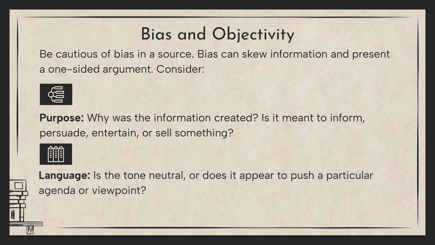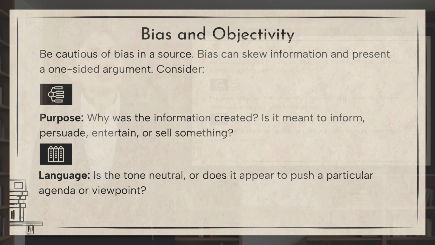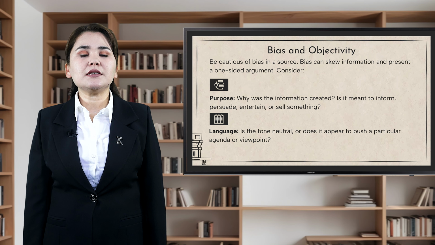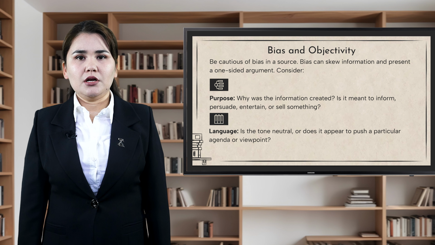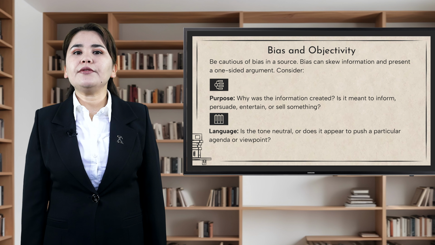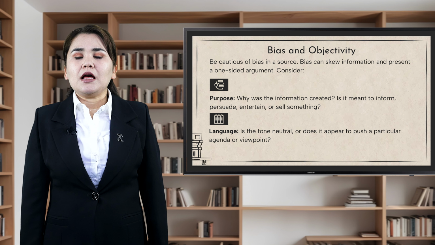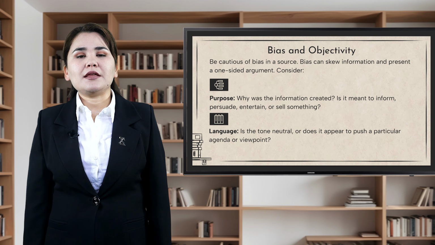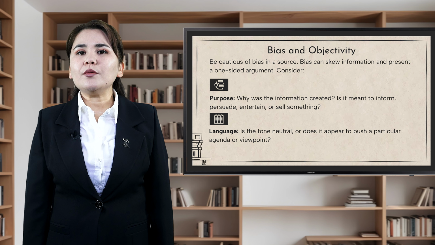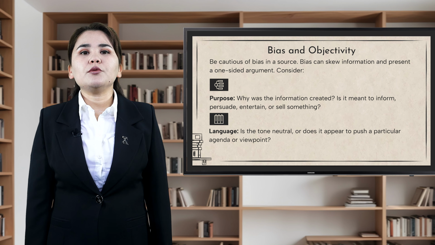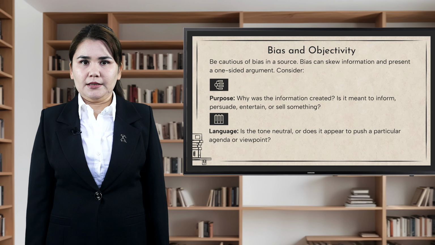bias and objectivity. Be cautious of bias in a source. Bias can skew information and present a one-sided argument. You should consider purpose, language, and source affiliations. When you are considering purpose, you should ask some questions like, why was the information created? Is it meant to inform, persuade, entertain, or sell something?